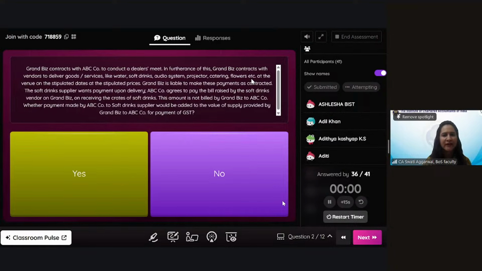See, the correct answer in this case is that this payment would be added to the value of supply. Why? If the customer makes direct payment to some of the liabilities of the supplier to third parties and the supplier does not include this amount in the bill, it will still form part of the value of supply in terms of section 15 subsection 2 clause B. See, at intermediate level, you need not remember the section numbers, but I am telling you because you can re-refer after this GST Titan series is over.